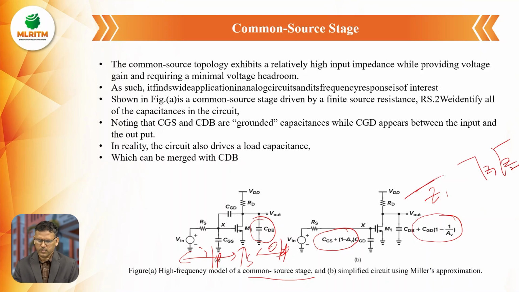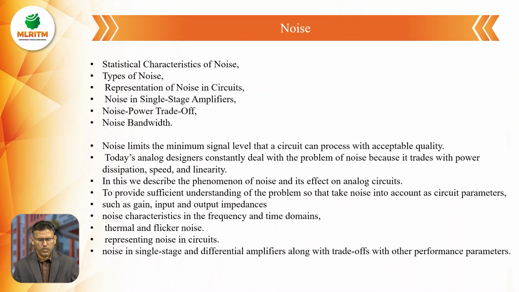So we are splitting this circuit into these two circuits. Similarly, we are also splitting this single capacitance into two different capacitances, which follows Miller's theorem in the common source stage. Like this, we can perform the same for common drain and common gate amplifier circuits.